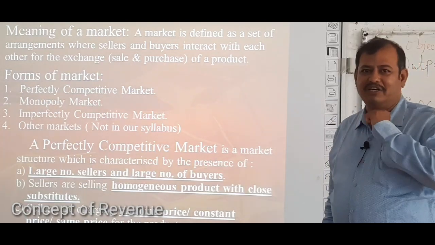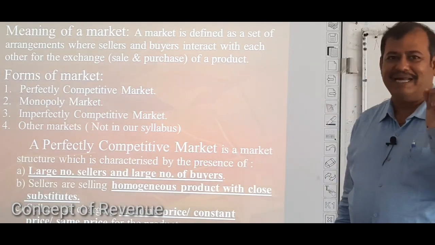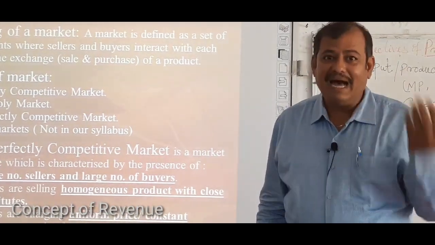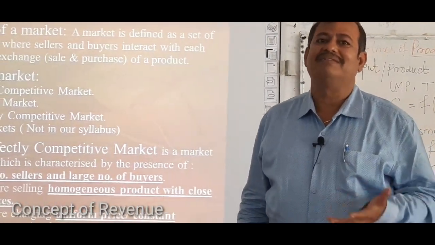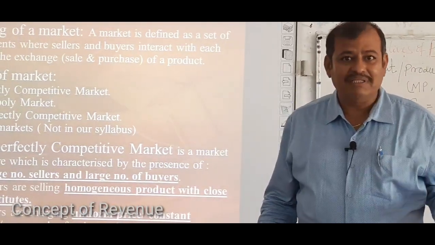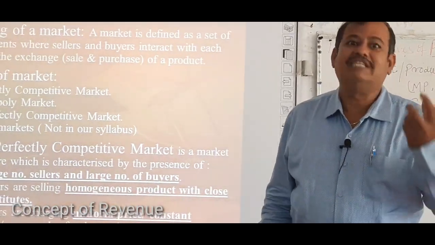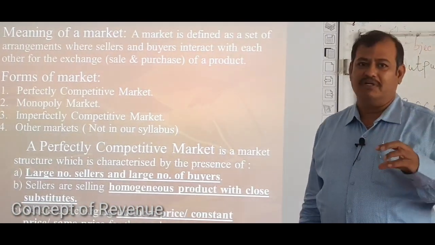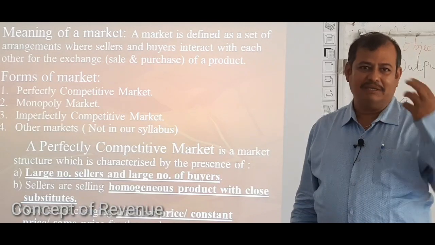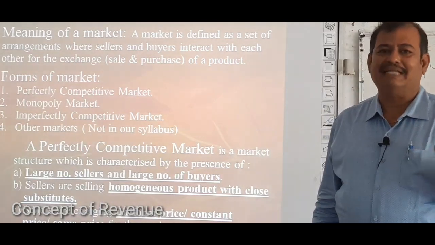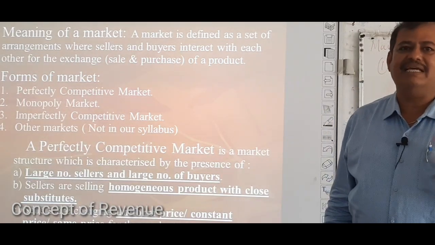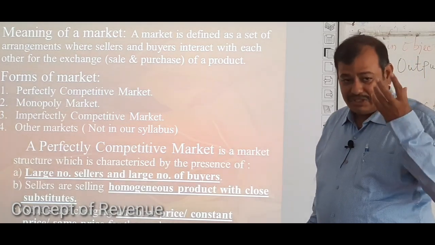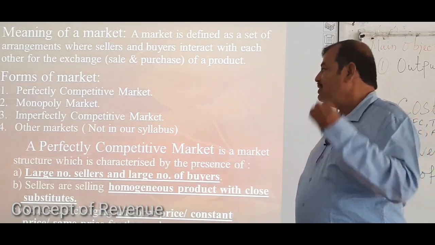And what is a perfectly competitive market? A perfectly competitive market is a market which is characterized by the presence of a large number of sellers and a large number of buyers in the market. Large number means it has no such specific limit, and the sellers are selling a homogeneous product, meaning the product which is similar in nature, that is, taste, color, shape, size, design, weight, everything is the same, and those products are very close substitutes to each other.